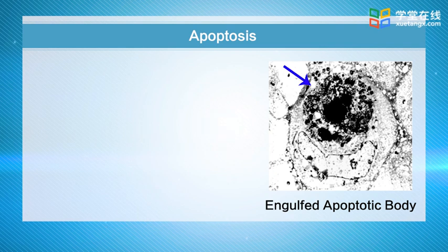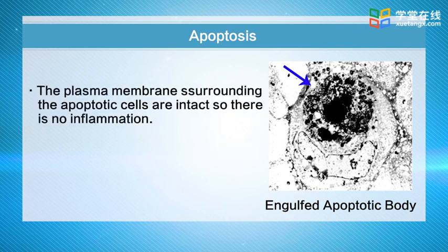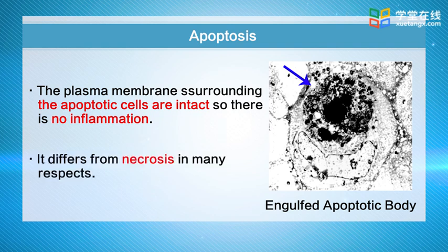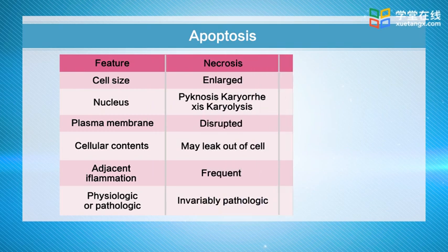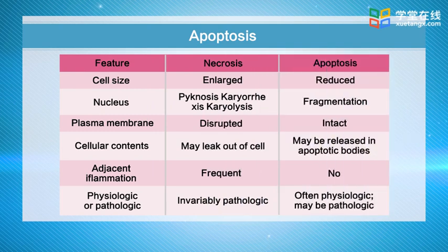In this process, the plasma membranes surrounding the apoptotic cells are intact, so there is no inflammation. It differs from necrosis in many respects. This table summarizes and compares the features of necrosis and apoptosis. The presence or otherwise of an inflammatory reaction is the most important difference between them.